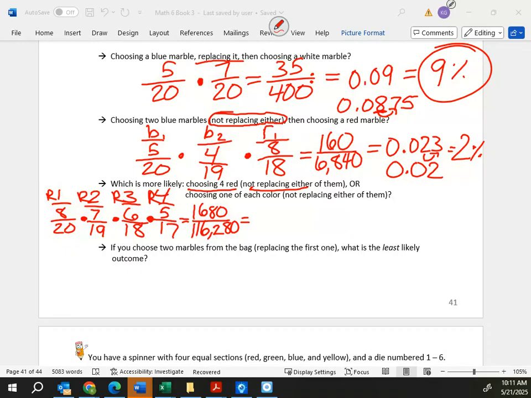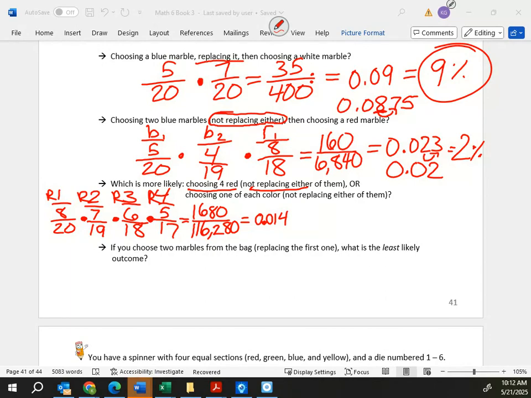Sarah? What is the whole decimal you get when you have 1,680 divided by 116,280? 0.01444. Okay, I'm gonna stop at that thousands place.